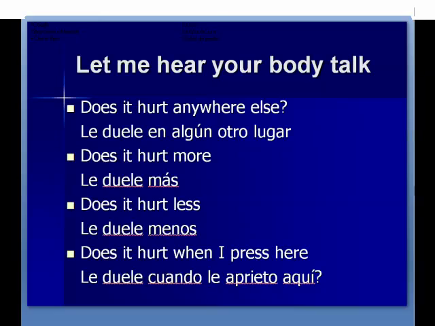Does it hurt less? ¿Le duele menos? Does it hurt when I press here? ¿Le duele cuando le aprieto aquí?